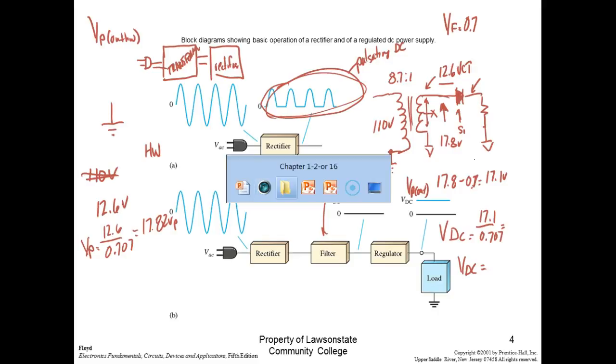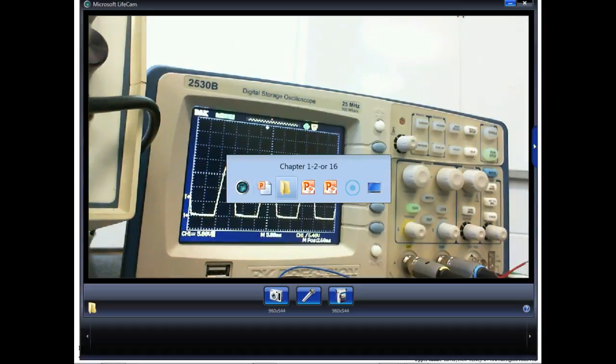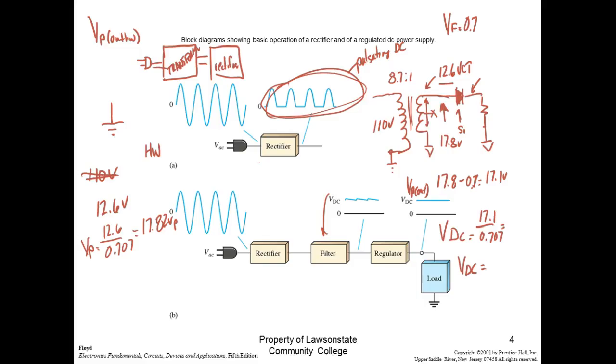But what we've got up here, by the way, we call this unregulated. What's regulated mean, by the way? What does regulation mean? It doesn't mean a law. So right here, this is a regulator.